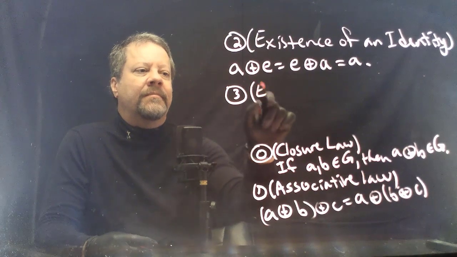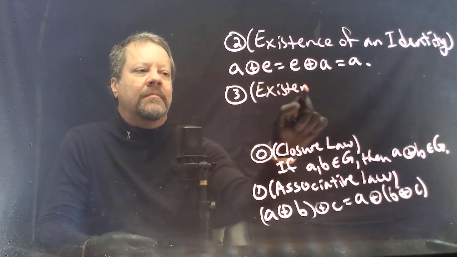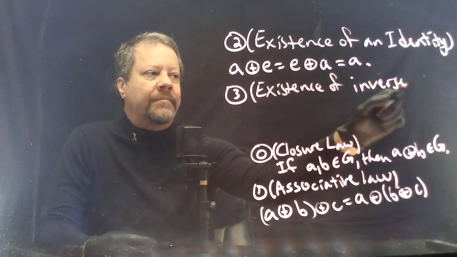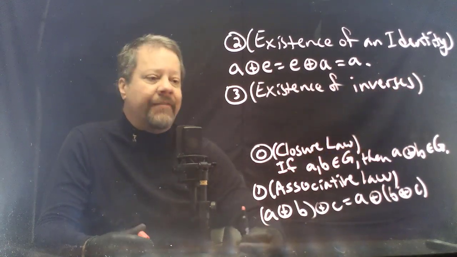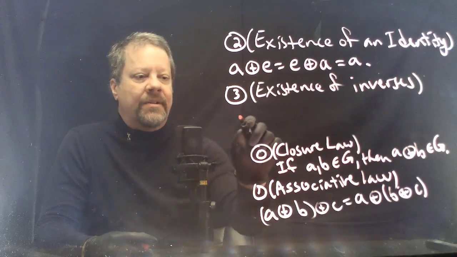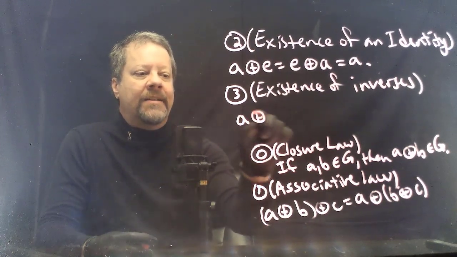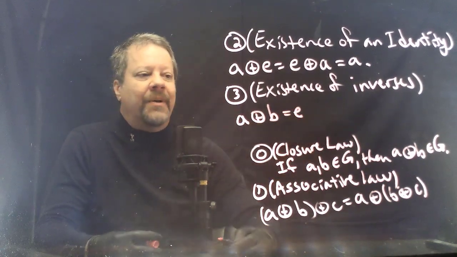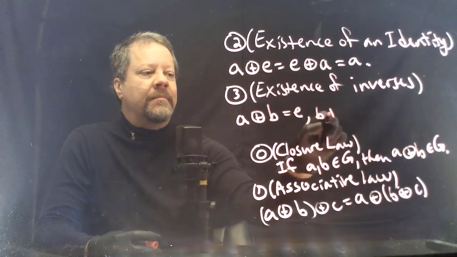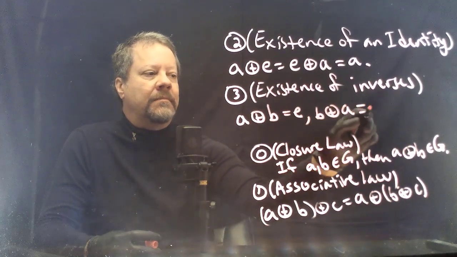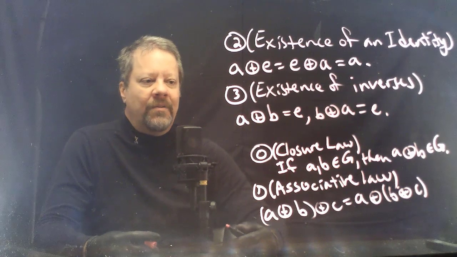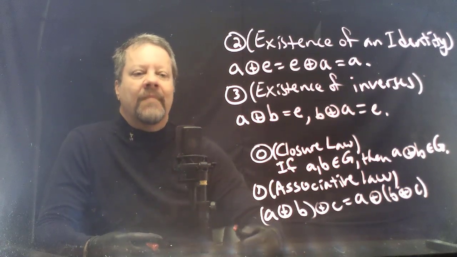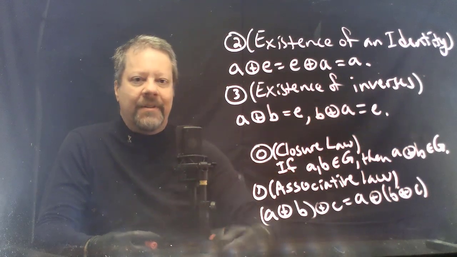Finally, existence of inverses. And in particular, we're thinking about additive inverses here. So for any A, there will exist a B, so that when you add them together, you get the identity, 0. Normally we denote these by, instead of B, we'll write negative A, because A circle plus negative A will give you the 0.